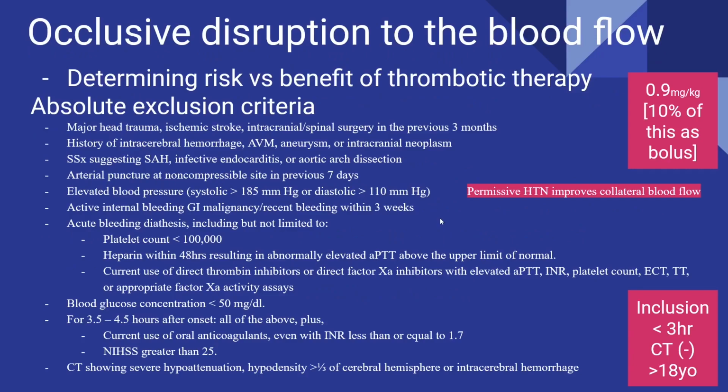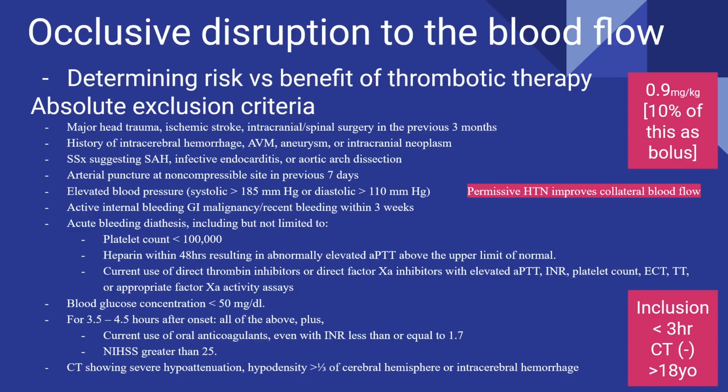So I'm sure we've all seen this idea of exclusion and inclusion factors for a thrombectomy or for TPA. And there's a lot of exclusion criteria, a lot of things related to trauma, any kind of bleeding, any kind of previous surgery.